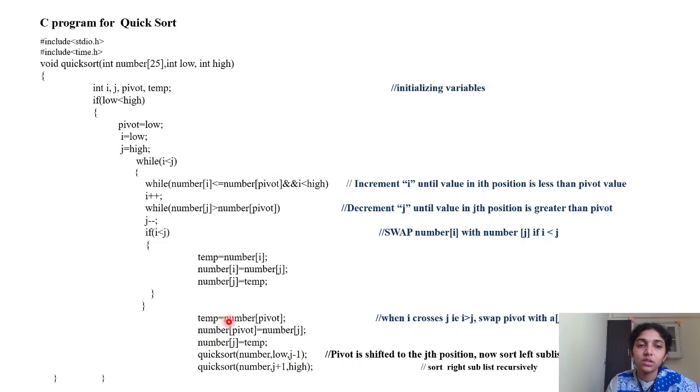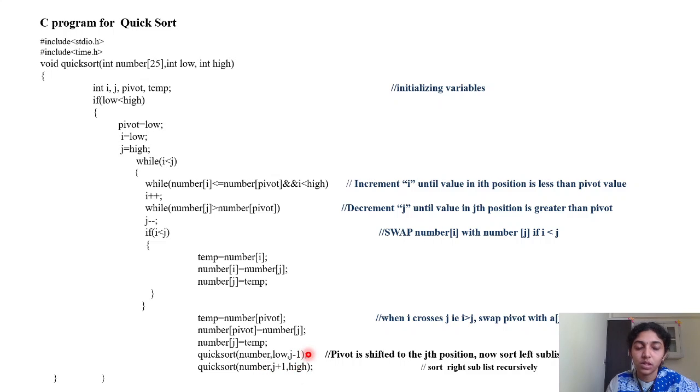Once you have performed this, the entire partition operation is done. Once you have done till here, you will get the exact position where the pivot is residing. Based on that, we have to call quicksort repeatedly. quicksort(number, low, j-1), where j is the exact pivot position and j-1 marks the left subarray. quicksort(number, j+1, high) is the right subarray.